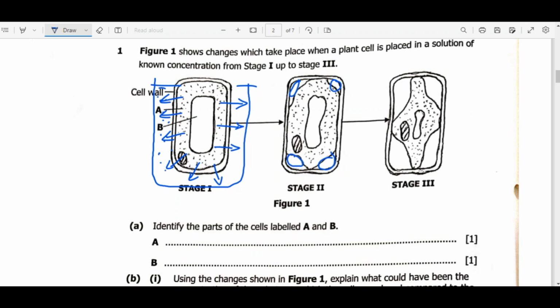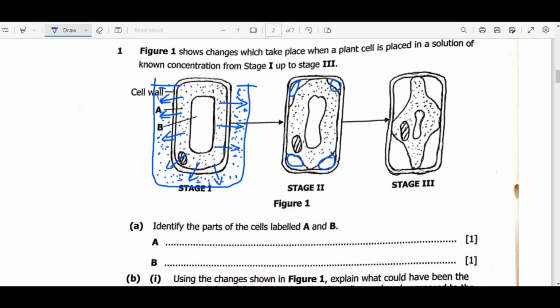Now, if you look at the movement of water, we are looking at osmosis. According to the principles of osmosis, water will move from high potential into low potential, which simply means that the cell has high potential of water molecules compared to the potential of the solution.